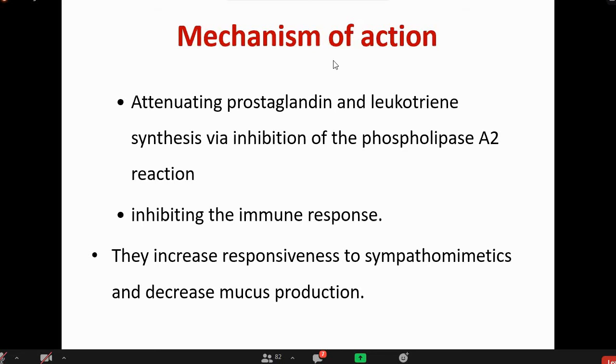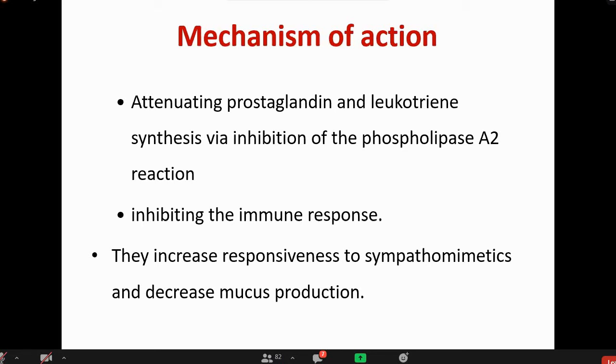There are two pathways, the lipoxygenase pathway and the cyclooxygenase pathway, which we will show in the next slide. Yes, you are right, the answer is right. The mechanism of action is attenuating prostaglandin and leukotriene synthesis via inhibition of the phospholipase A2 reaction, right?